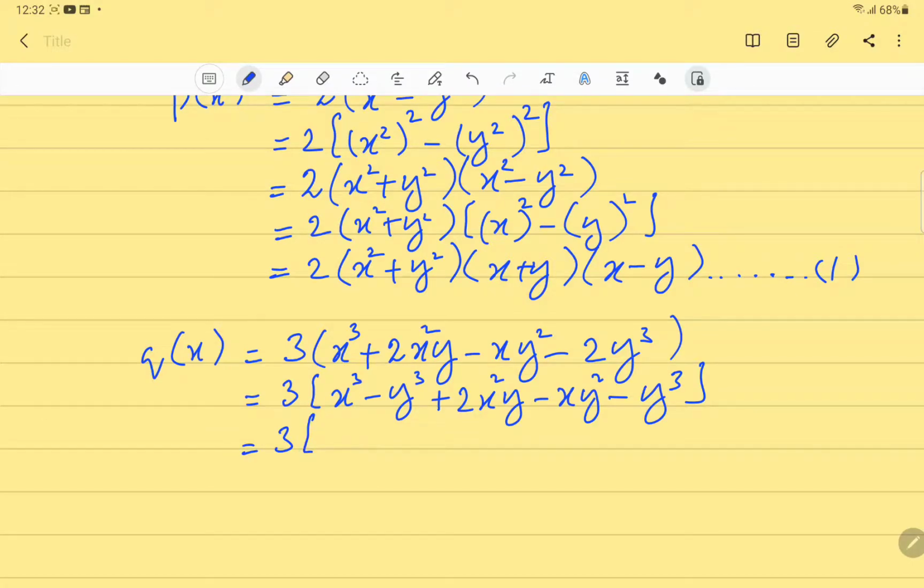Now the first two terms are both perfect cubes, so we can write it like x raised to power 3 minus y raised to power 3, and in the next three terms we have y common, so we are left with 2x squared minus xy minus y squared.